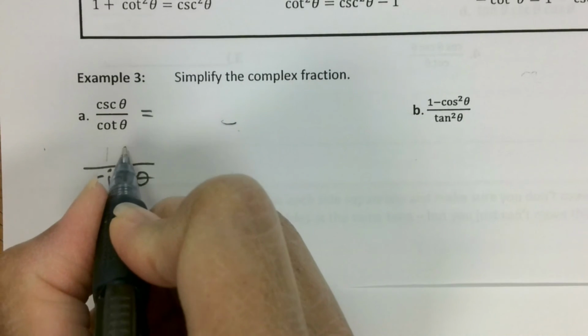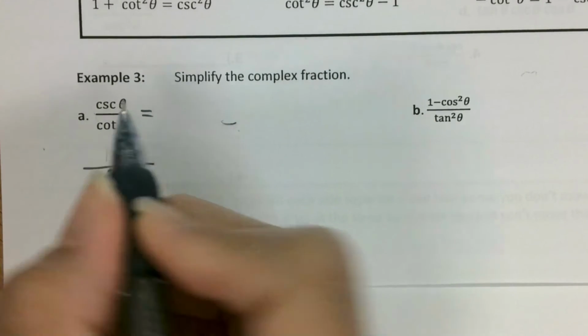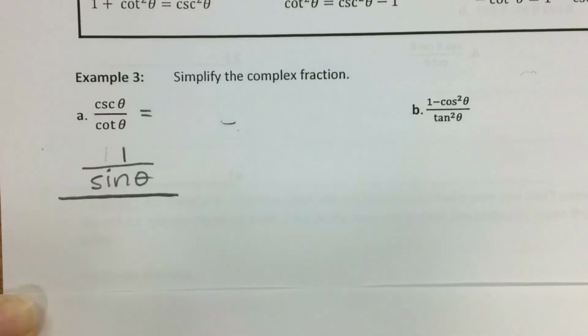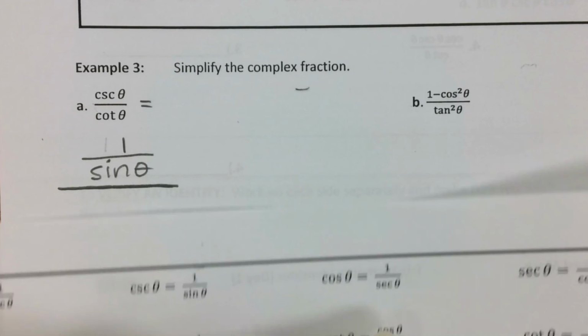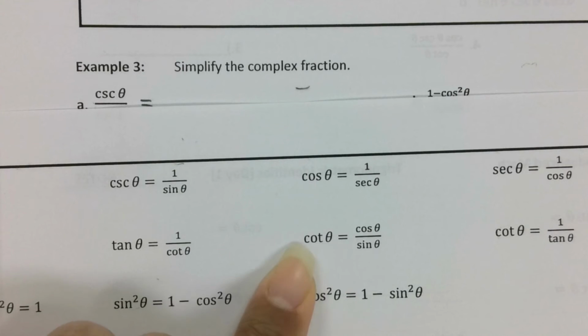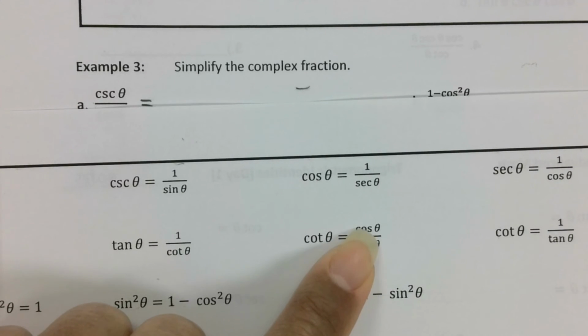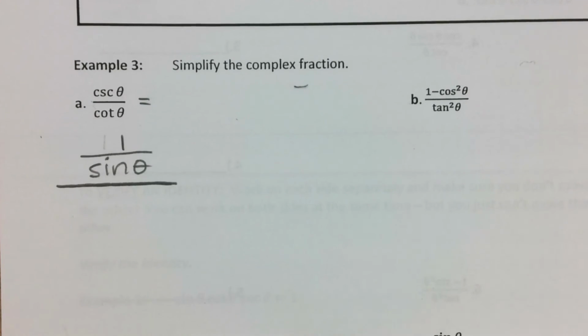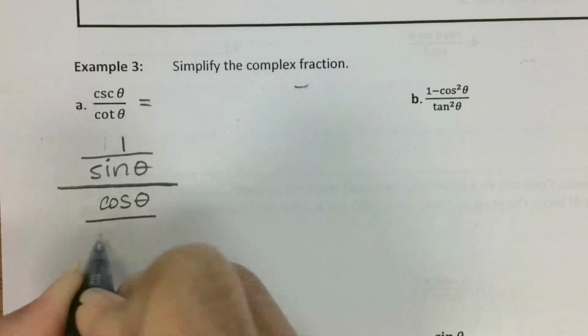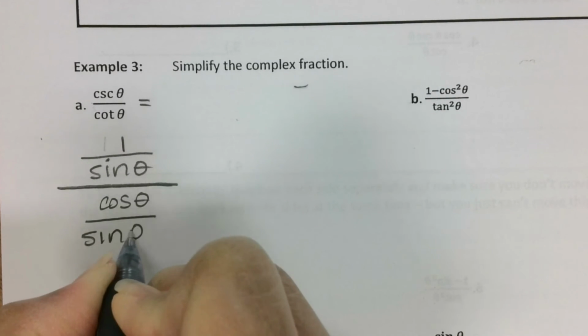That's for the cosecant. Then we have a division, so I'm going to put a little bit darker there. And then we need the cotangent. Well, the cotangent definition is cosine over sine. So cotangent is cosine theta over sine theta.